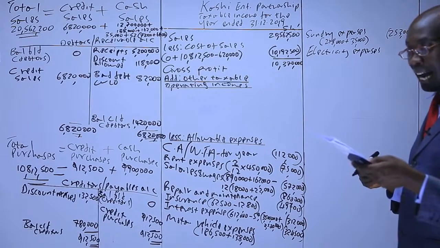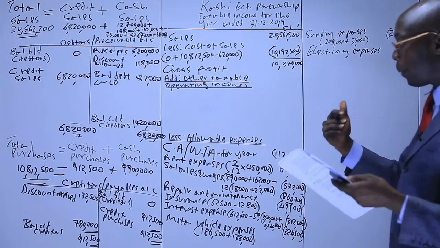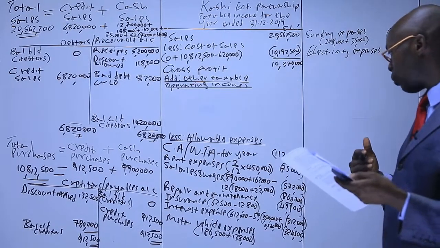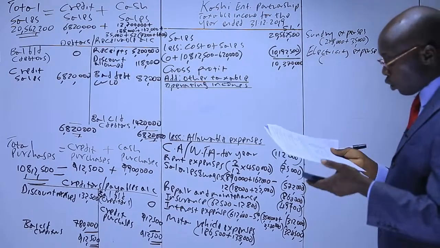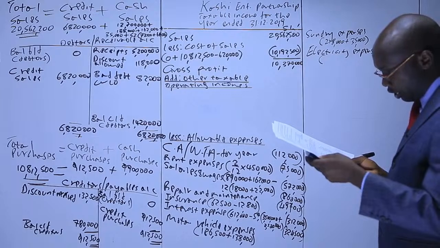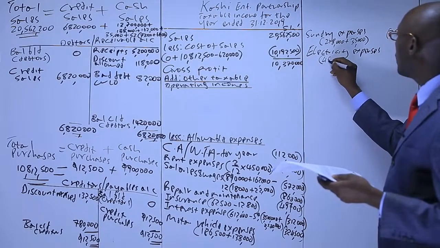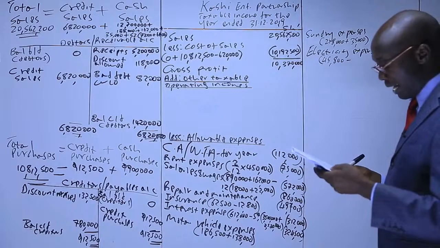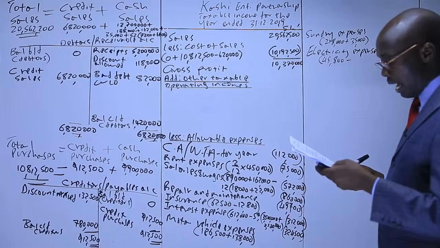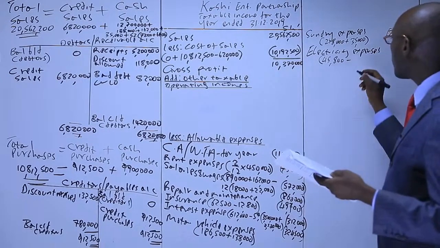If you go to additional information number 3, we had electricity prepaid, and we said prepaid is for next year. So that one we need to remove. Of what was paid this year for electricity, 45,800, part of it is for next year, so we should minus from here the 25,000.